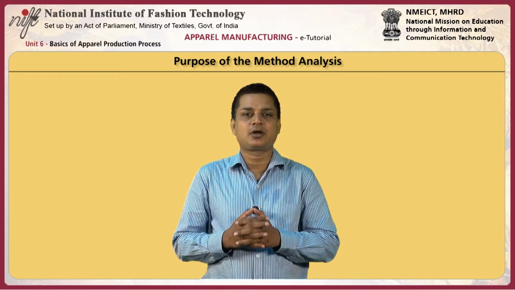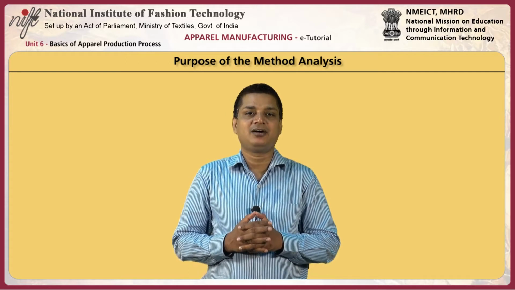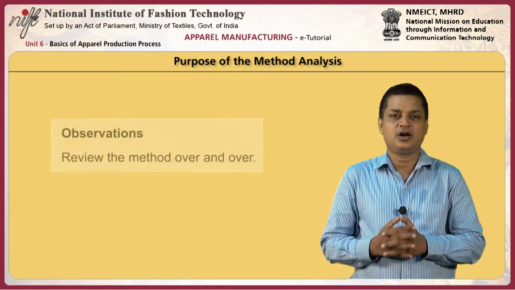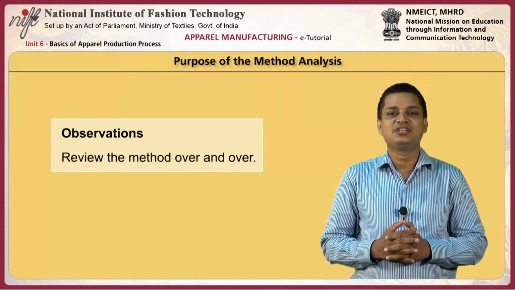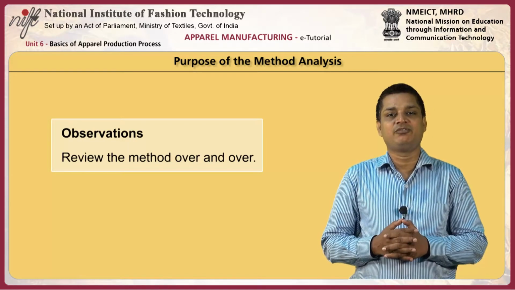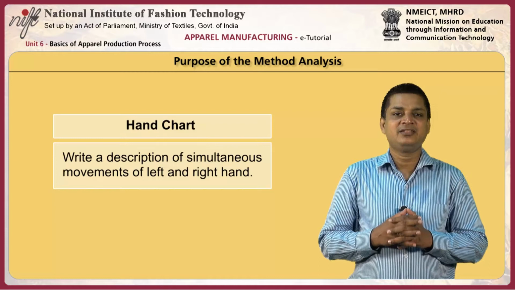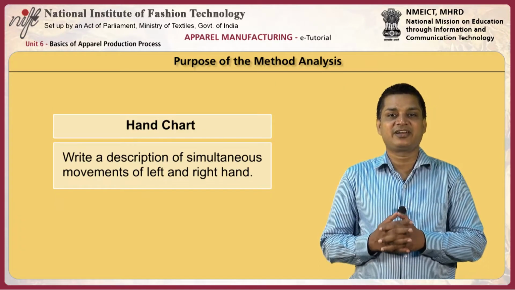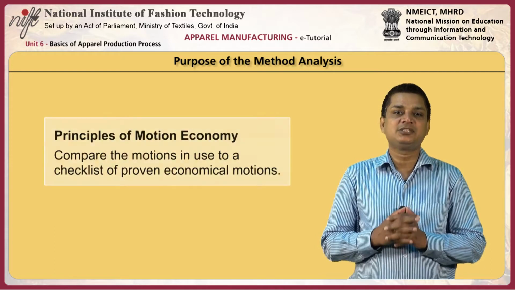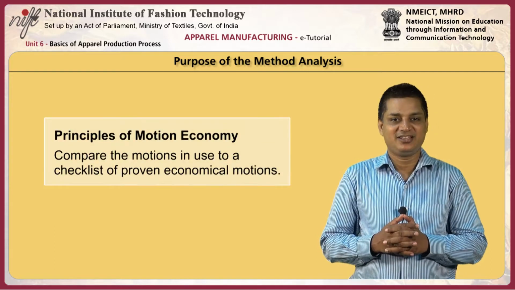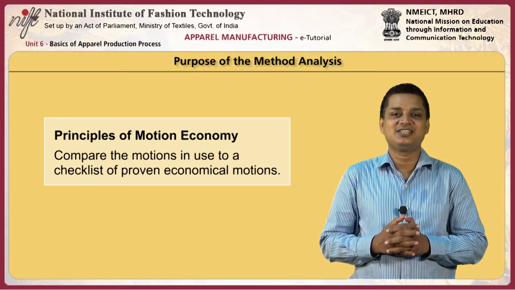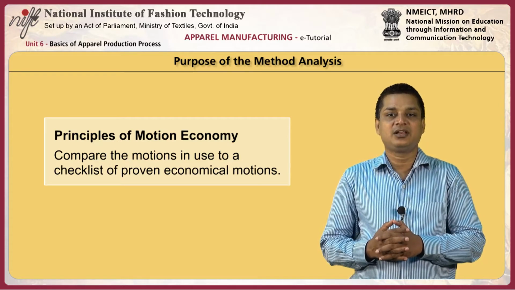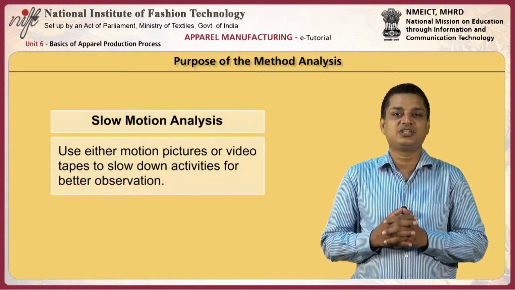Here are some of the common ways of performing a method analysis. Observation. This includes reviewing the method over and over. Hand chart. In this method, a description of the simultaneous movement of left and right hand is written down. Principles of motion economy. In this method, the motions are compared against a checklist of proven economical motions. Slow motion analysis.